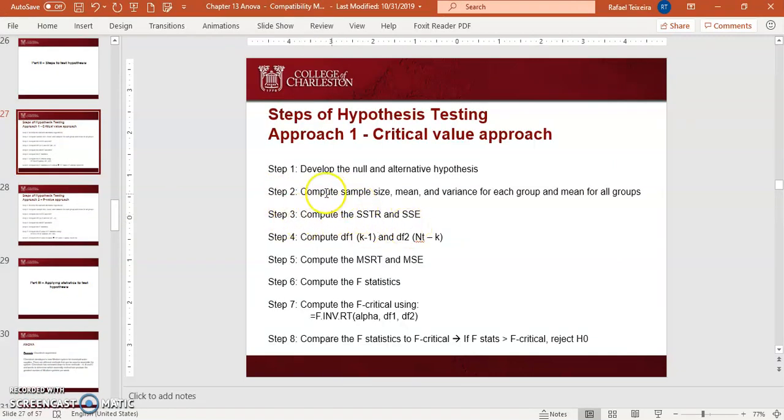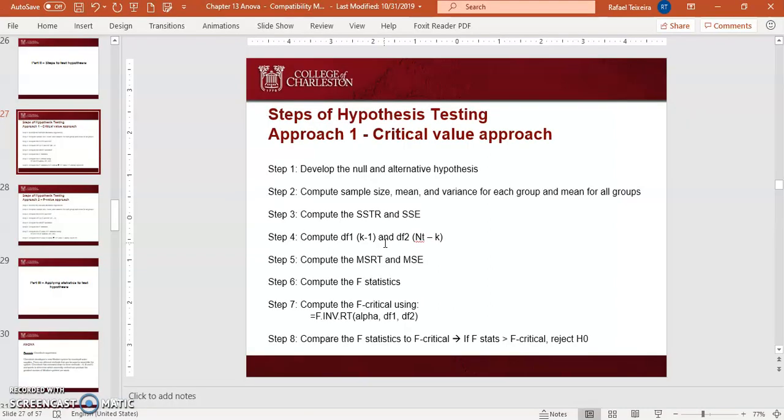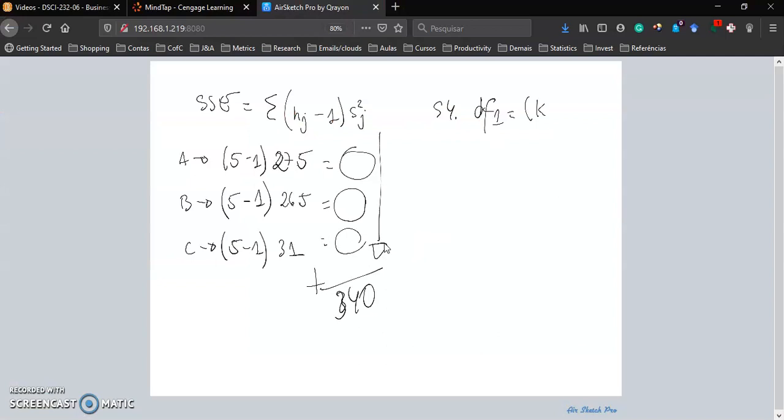The third step, I developed the null, I computed the sum of squares, now I compute the degrees of freedom. So step number 4, degrees of freedom 1 is equal to k minus 1, where k is the number of groups. How many groups do I have? 1, 2, 3. I have 3 groups minus 1 is equal to 2.